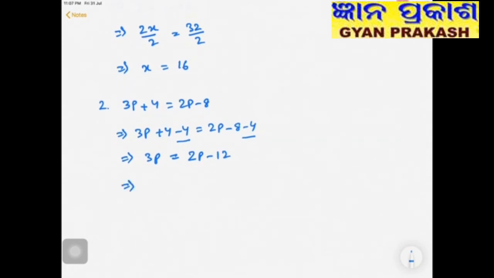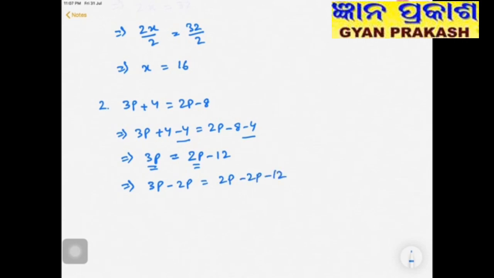Now here you can see that the variable is on both sides. In such cases, we shall try to bring the variable to one side. How can we do? So 3p minus 2p equal to 2p minus 2p minus 12.